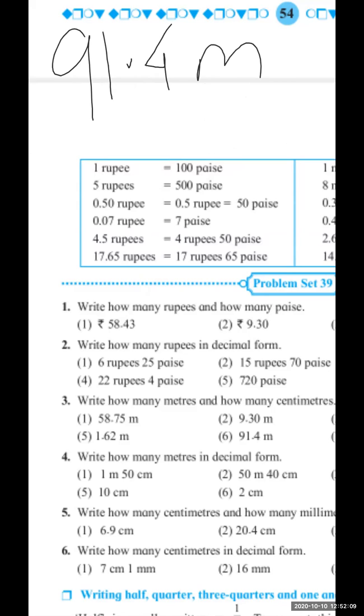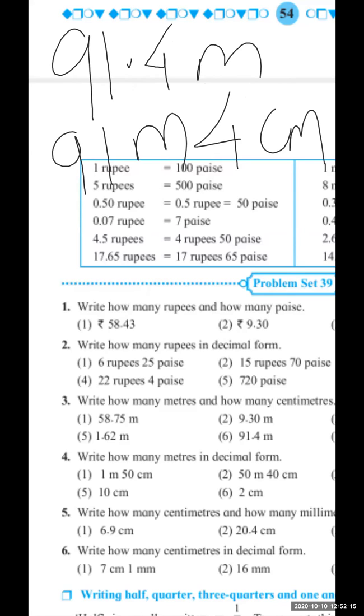So 91 is a whole number. So 91 meter will come and 4 सेंटीमीटर will come. पहला मेजरमेंट आता है बड़ा और दूसरा वाला यूनिट आता है छोटा. मीटर से छोटा होता है सेंटीमीटर. रुपीज बड़ा, पैसे छोटा. Okay. So first unit will come bigger and second unit will come smaller. Okay. Understood this?